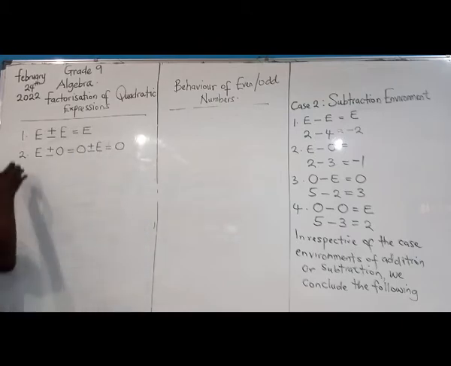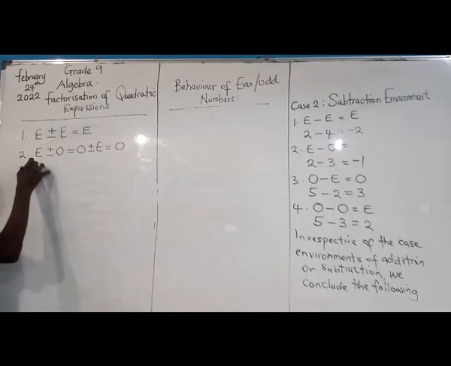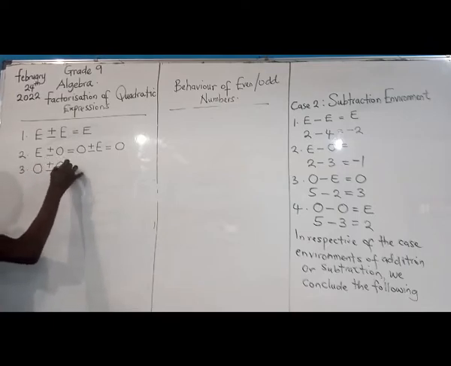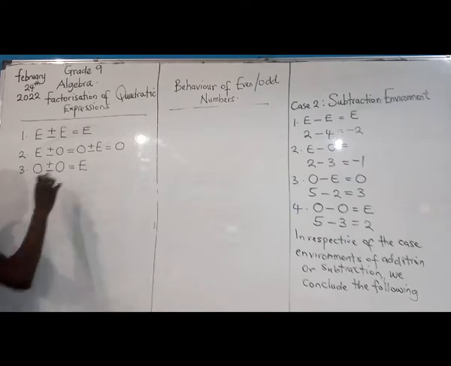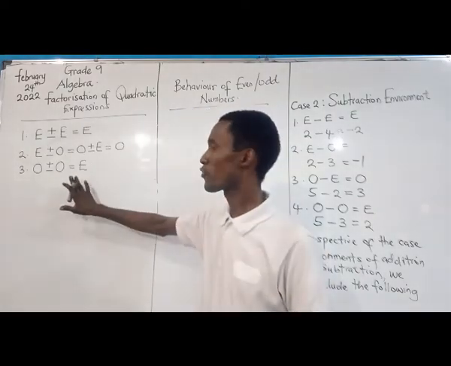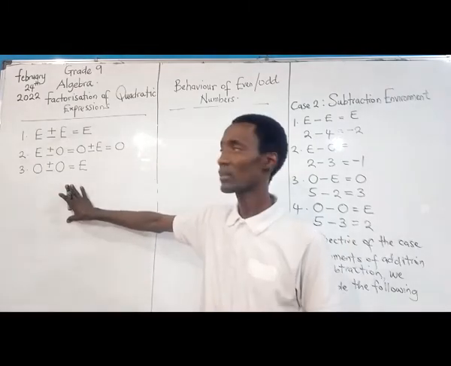And what's the last important conclusion? That odd, adding or subtracting another odd, must give you even. These are the three basic conclusions we draw from this topic.